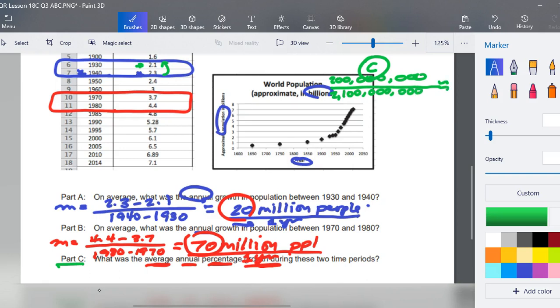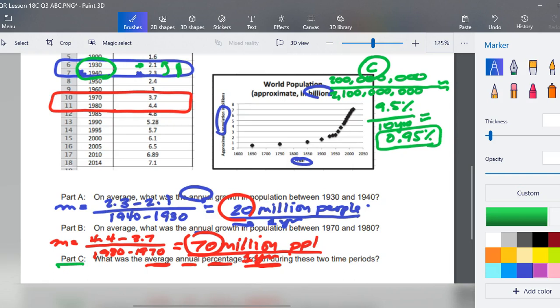When I divide out and multiply by 100, I'm getting about 9.5%. But remember, that's not annual, that's for 10 years. So let me divide that by the 10 years, and I'm getting just under 1% growth for this decade right here.